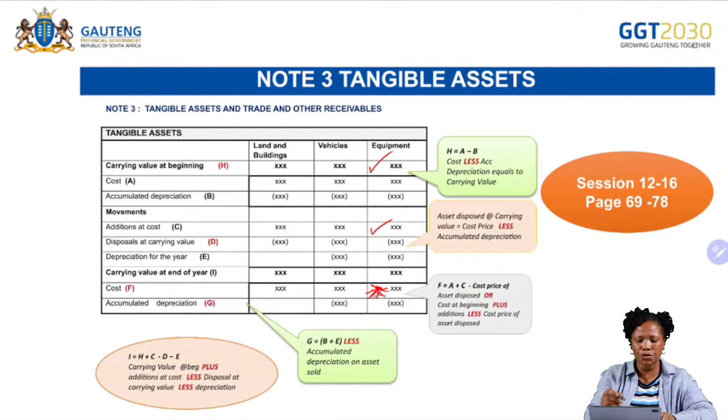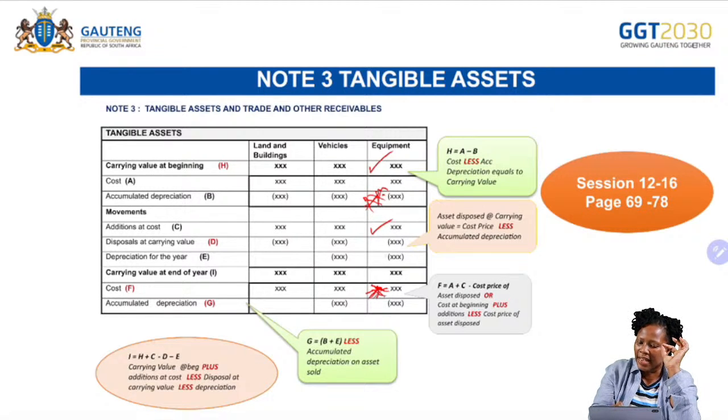And then number two, when you deal with your carrying value, I'm sorry, I want to say the accumulated depreciation. If you deal with your accumulated depreciation, you are going to take the accumulated depreciation at the beginning of the year.